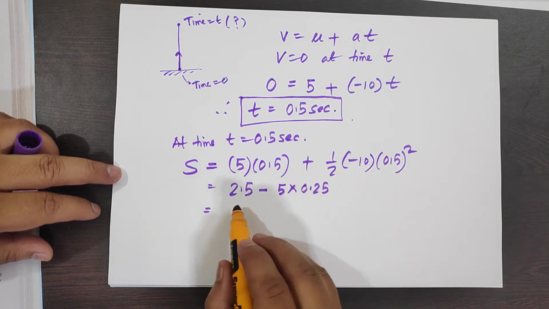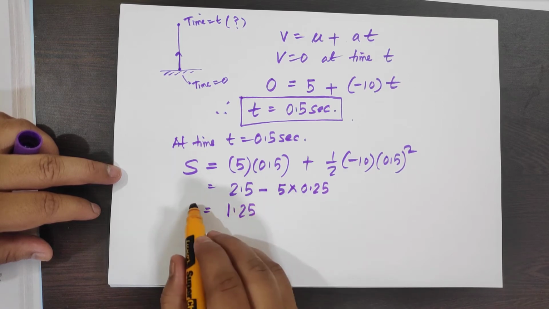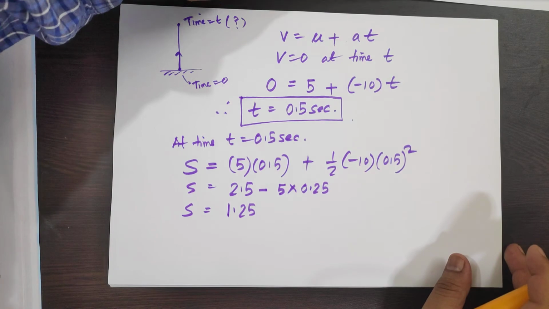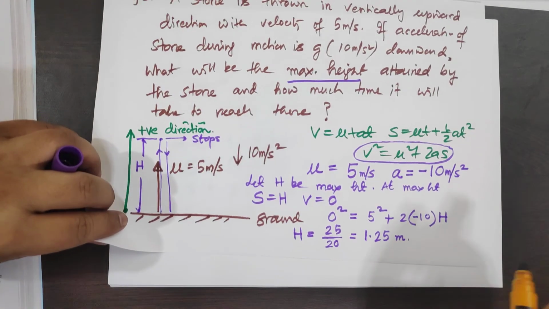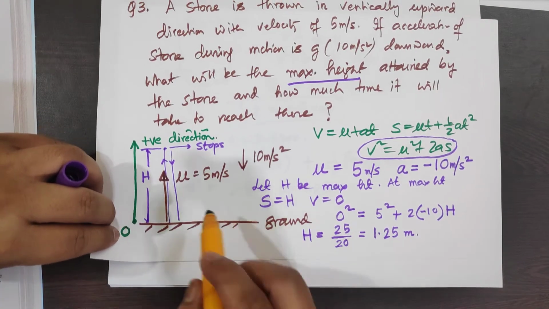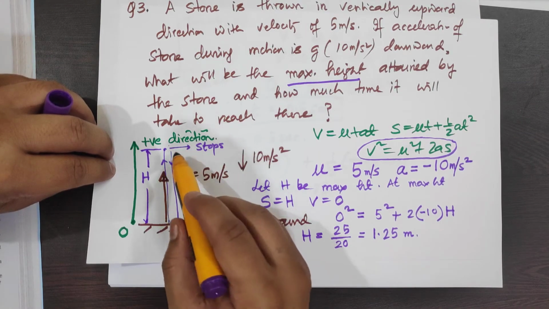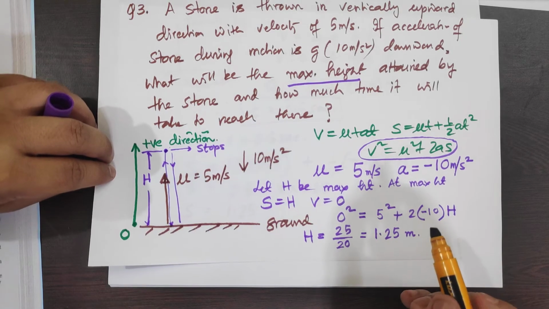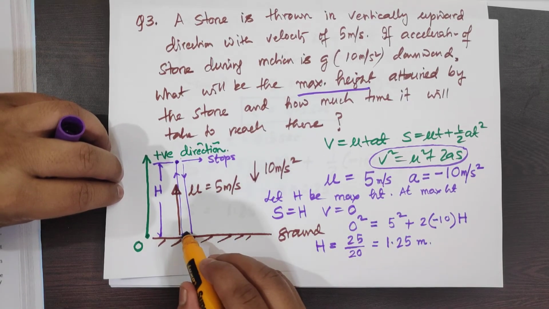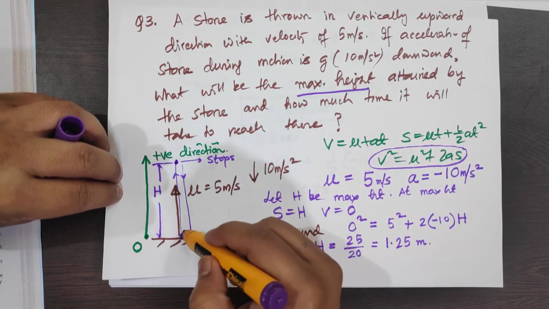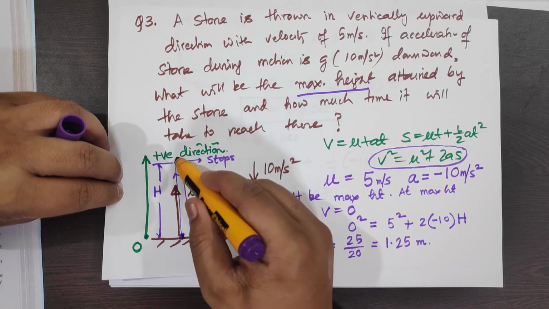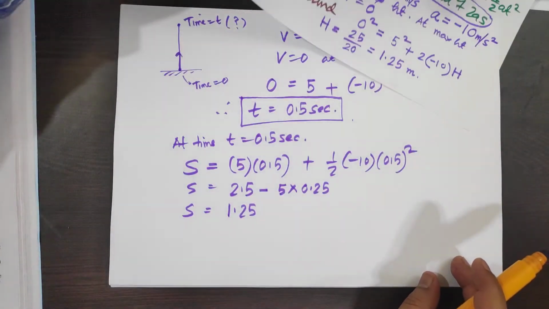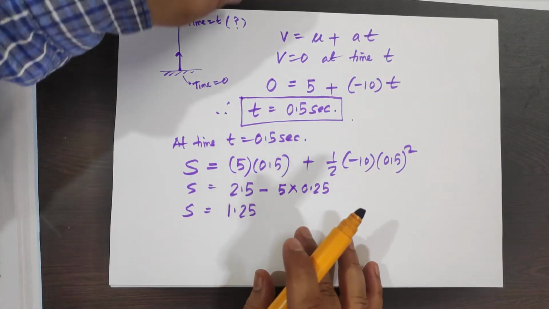So that is 1.25. See, it matches actually. h is the displacement from the starting point to the highest point. Displacement is the line joining the starting point to the end point, so up to here, the displacement is the maximum height, 1.25. We have proved it from this equation also.